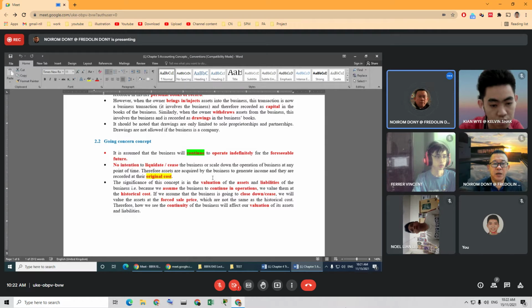So we assume they are going to continue with no intention of selling off the assets, paying off all the liabilities and then stopping operations. That is the assumption. That is why when we record the assets acquired by the business to generate income, they are recorded at the original cost.